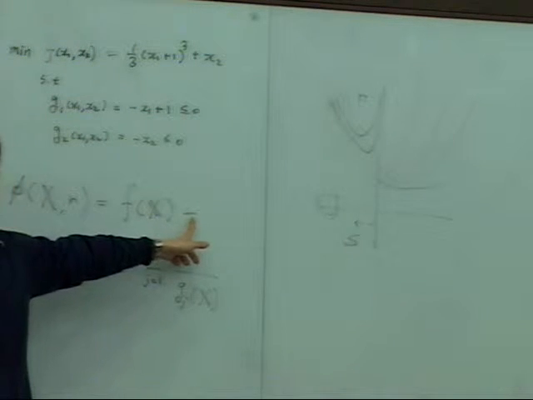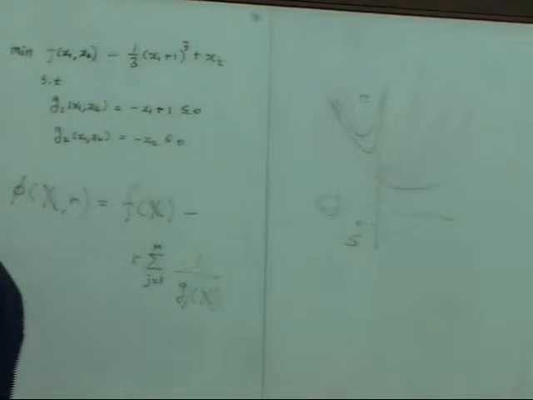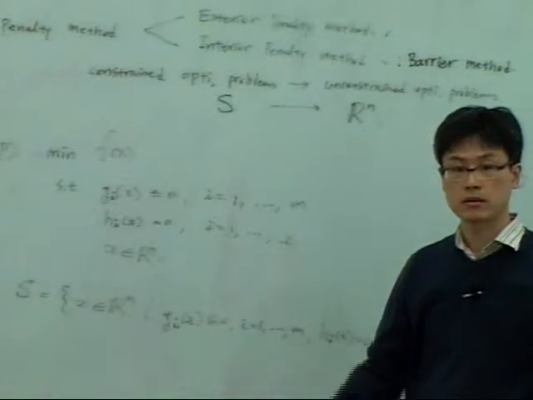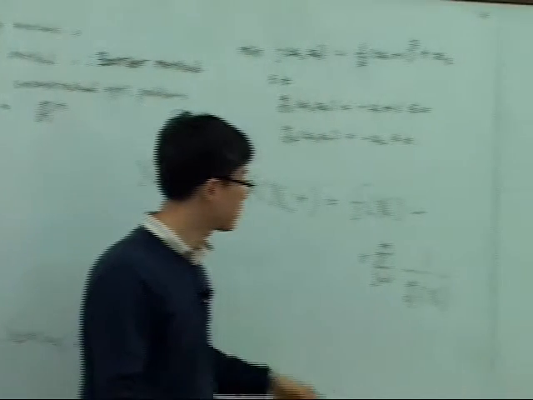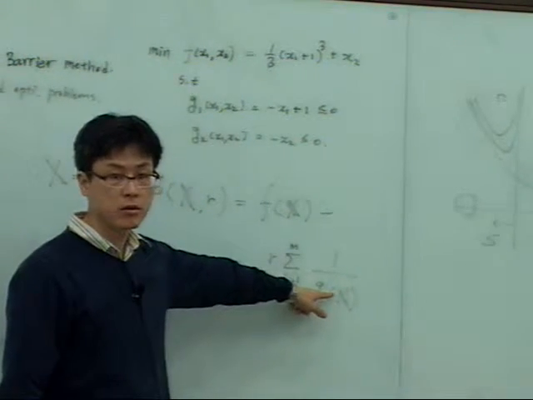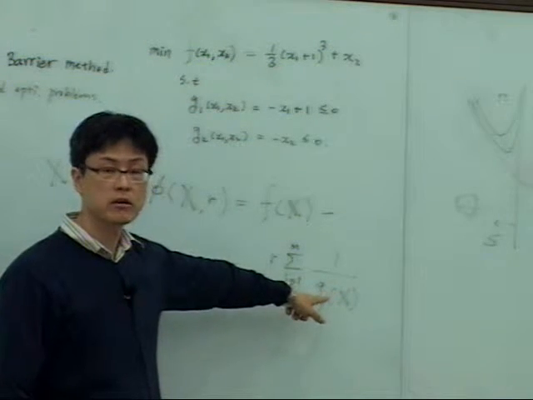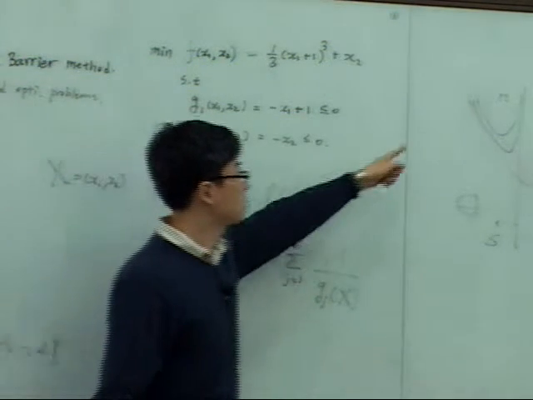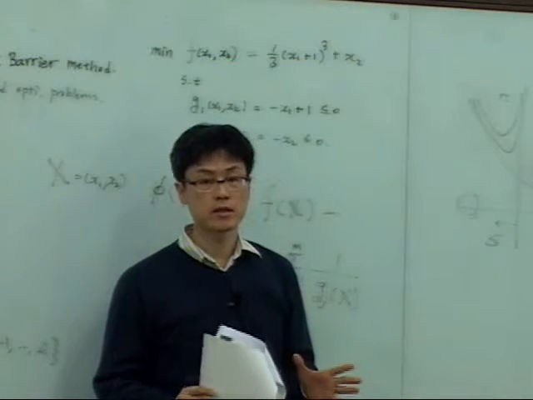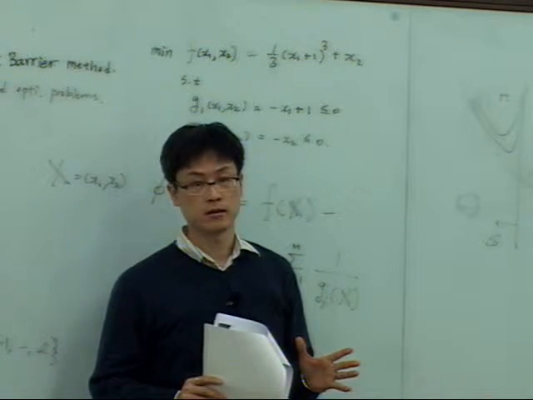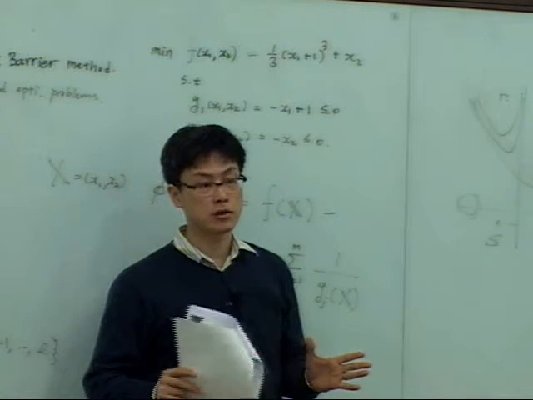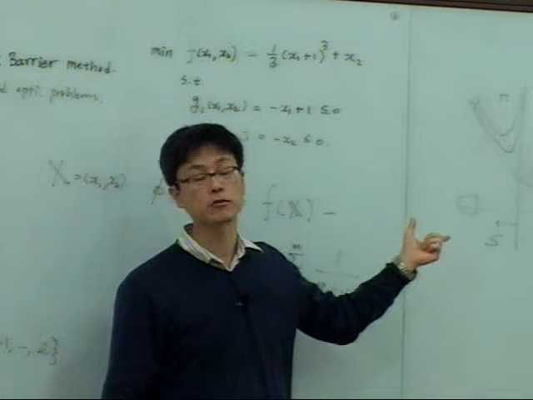The reason we use minus is because g(x) is always negative in the feasible region. So by adding all these reciprocal values of each inequality constraint, we are making a very severe barrier, which prevents your point from coming too close to this boundary.